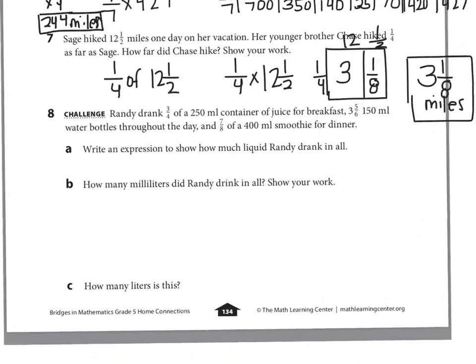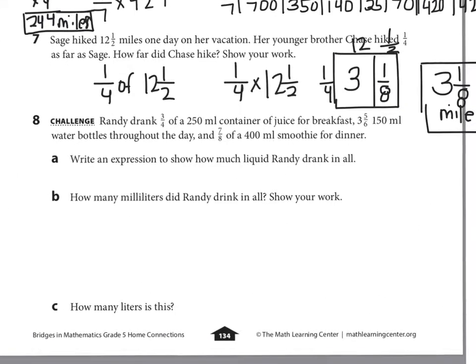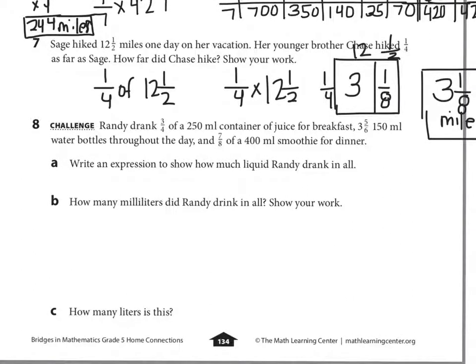Let's turn here to the challenge. Randy drank 3/4 of a 250 milliliter container of juice for breakfast. 3 and 5/6, 150 milliliter water bottles throughout the day, and 7/8 of a 400 milliliter smoothie for dinner. Write an expression to show how much liquid Randy drank in all. So Randy drank 3/4 of a 250 milliliter container of juice.